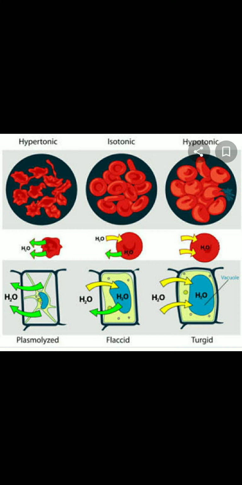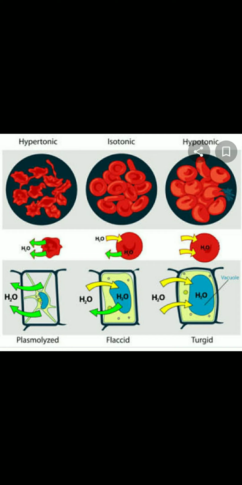So if we put a cell into hypertonic solution, then the solvent molecules from inside the cell release out into the outside, because hypertonic solution means less solvent concentration and high solute concentration in the outside environment, and in the inside environment the concentration of solvent is high and the concentration of solute is low.